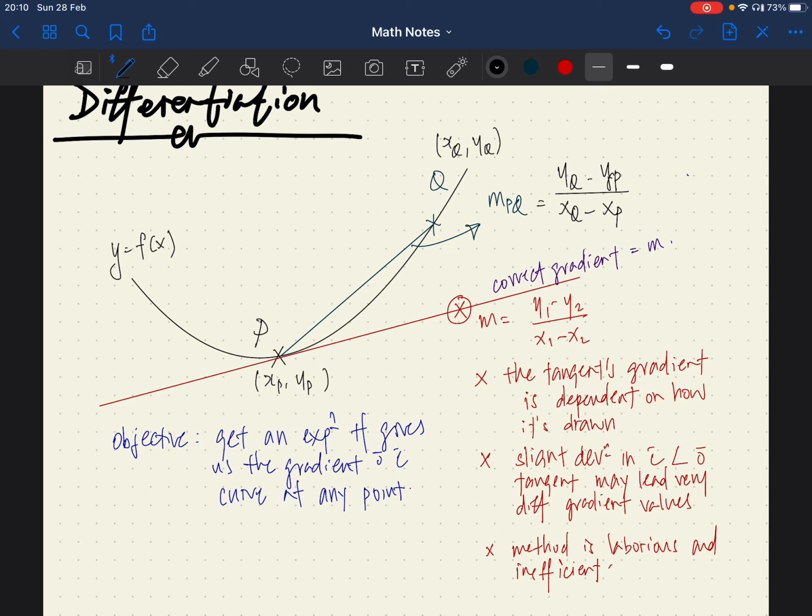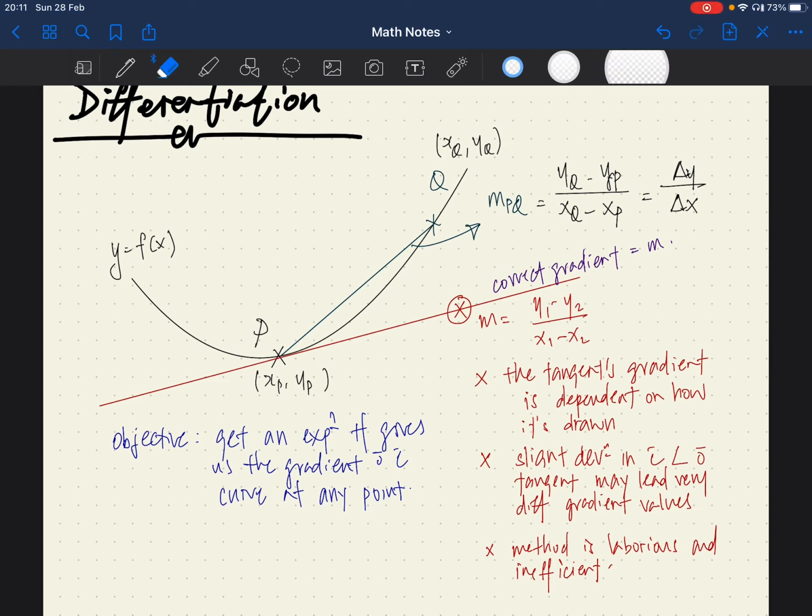But to make my analysis easier, I'm going to remove xq. Instead, we are going to use another formula for gradient that you learned in Sec 1, which is change in y over change in x.